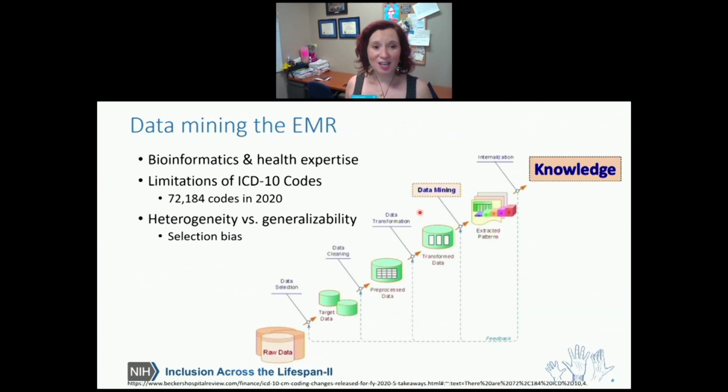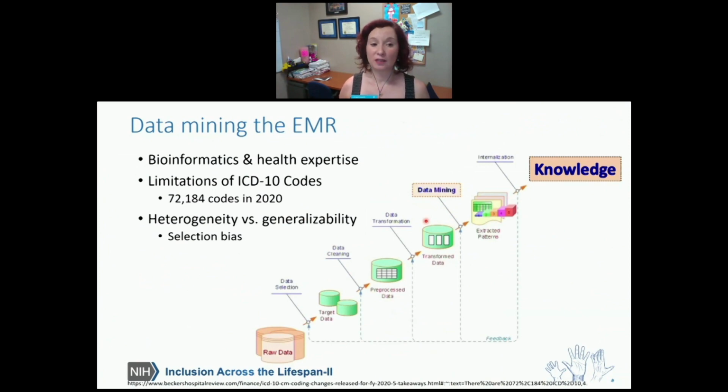This is a diagnostic criteria that's primarily developed for billing purposes, so it doesn't always capture the actual patient condition or the situation. To make things more complicated, there are currently over 72,000 ICD-10 codes. So you can imagine that myself and another gastroenterologist in my practice may code the same condition in very different ways, and that can affect the data on the back end when somebody is mining the EMR.